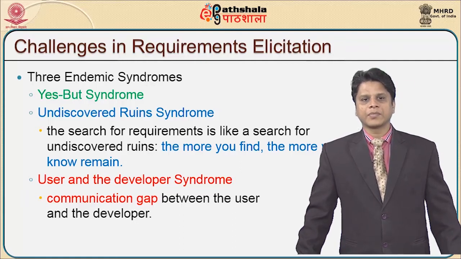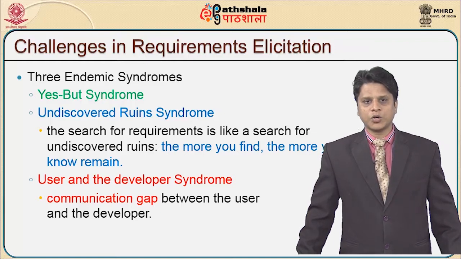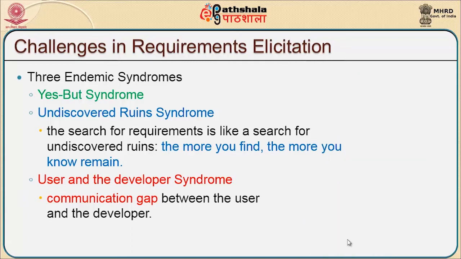The second is the undiscovered ruins syndrome, where the search for requirements is like a search for undiscovered ruins: the more you find, the more remain. This happens many times when we search on Google. For every search, Google hints that, say, 2 lakh documents were retrieved for a particular keyword.